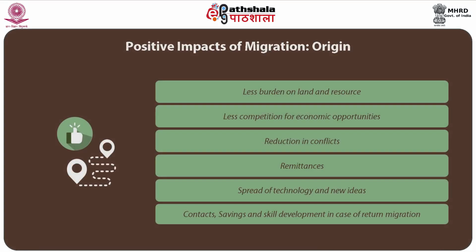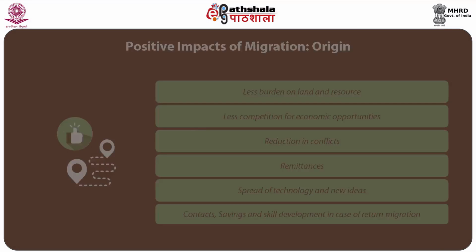Secondly, there is less competition for economic opportunities within a limited geographical area. Migration relocates people from one geographical area to another where opportunities are higher. That way, there is a fair redistribution of economic opportunities.